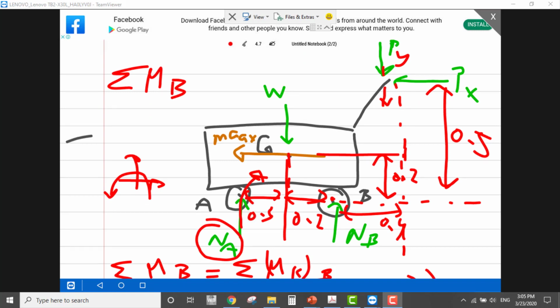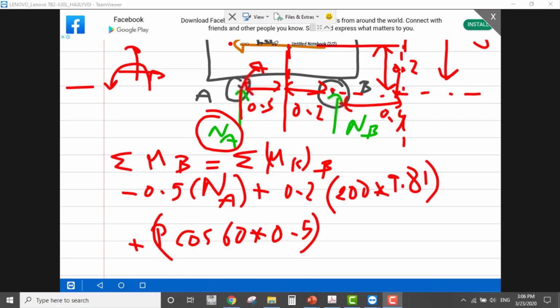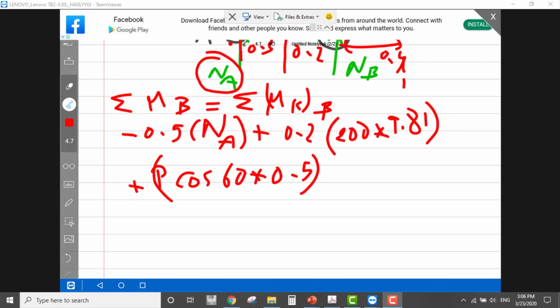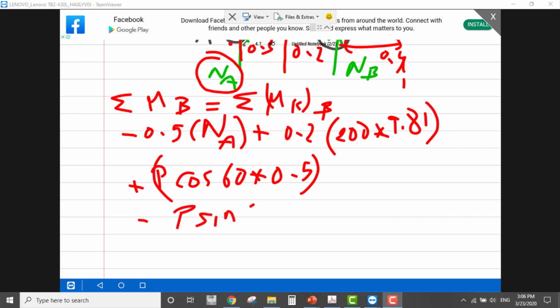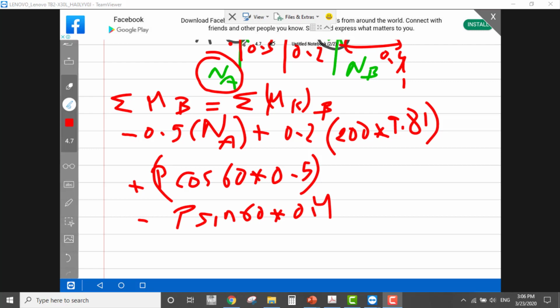If it's reached up to this point, you will find that this force will do clockwise, or better to use your right hand rule. So minus V sine 60 multiplied by the perpendicular distance between the line of action and point B, which is 0.4. So these are the external forces.